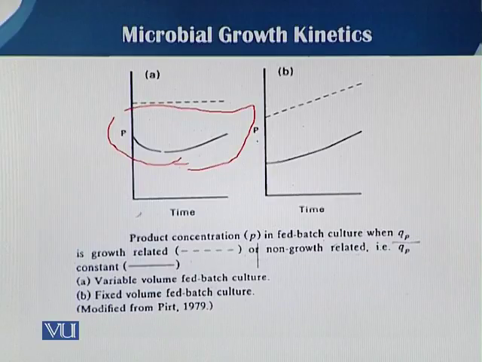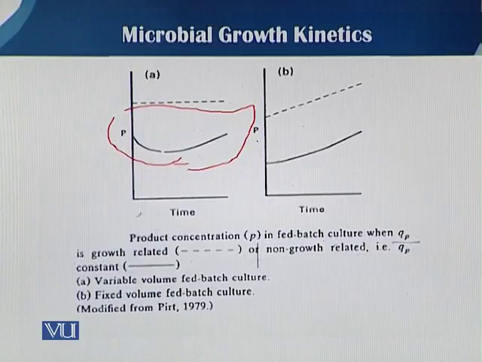But in the case of the fixed volume, sometimes due to fluctuation the product concentration can vary, but it gradually increases, though it almost remains constant.